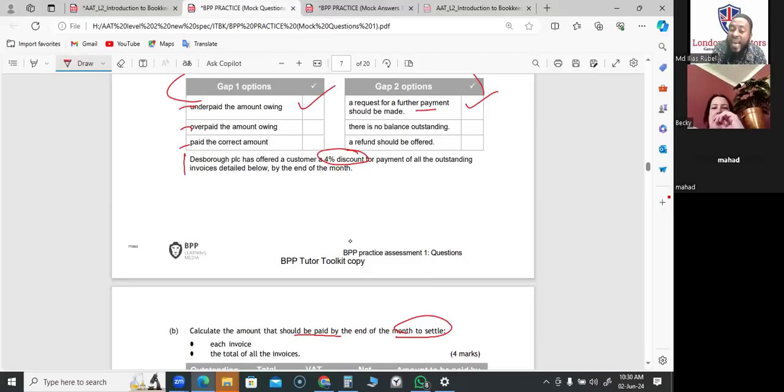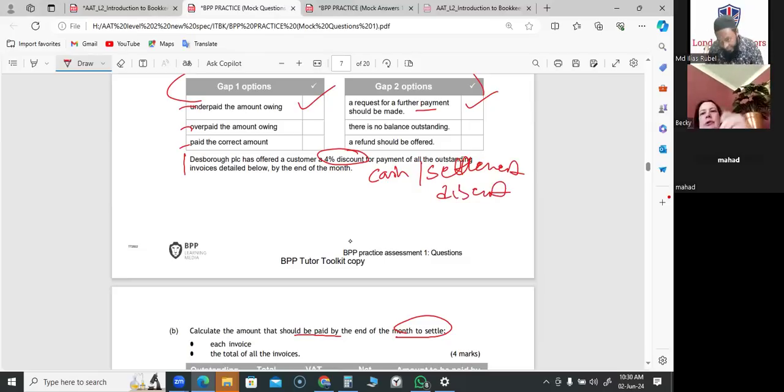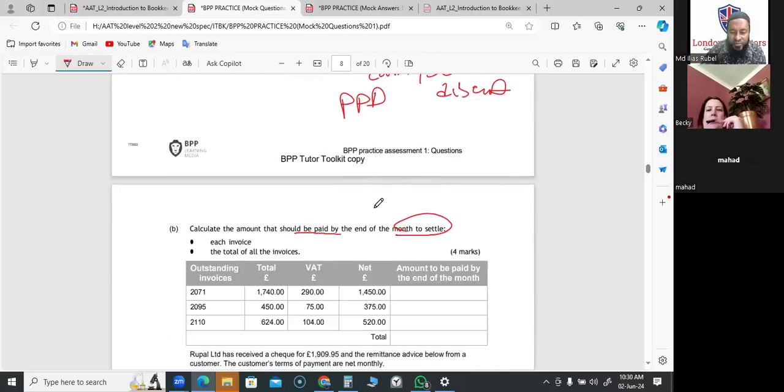This is called cash discount, or settlement discount. This discount goes into the ledger. This is termed a prompt payment discount. This is not bulk discount. This is prompt payment. If you pay early, you get discount. Okay, with that note, 4%.